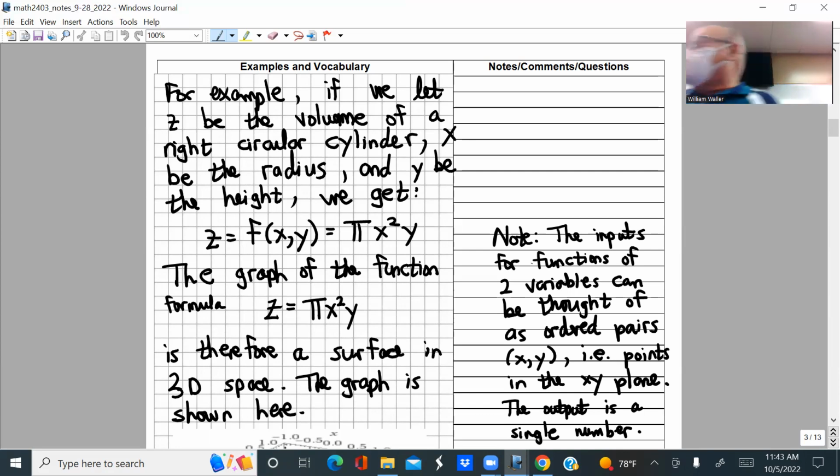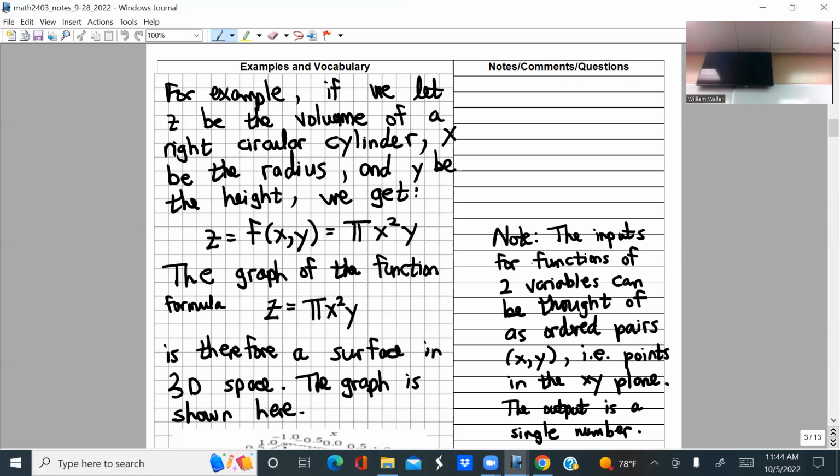But if you graph that, you're not going to get a quadratic surface. It's not because y is not to the second power. It's actually because y is to the first power, which you're going to tell me is not the second power. That term, pi x squared y, is not quadratic.